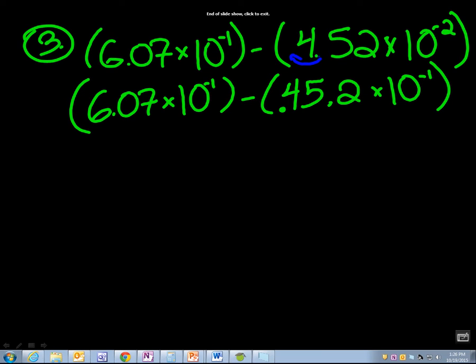This is here. Oops. A little bit big. There we go. So now I have 4.52 times 10 to the negative 2, which would be 1, 2. Then I have 45.2, or 0.45 times 2 goes over 1. Now I'm good. Now I'm in business.